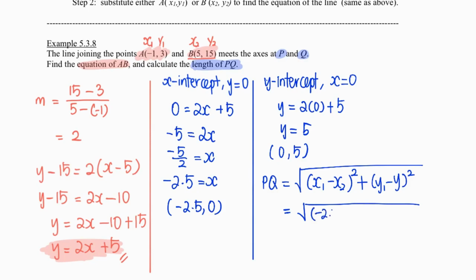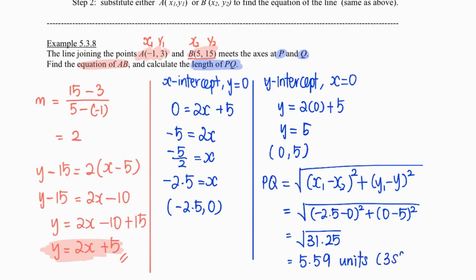So it's negative 2.5 minus 0 squared plus 0 minus 5 bracket squared. Square root of 31.25, and see where that leads us to. Leave your answer to 3 sig fig. 5.59 units to 3 SF.